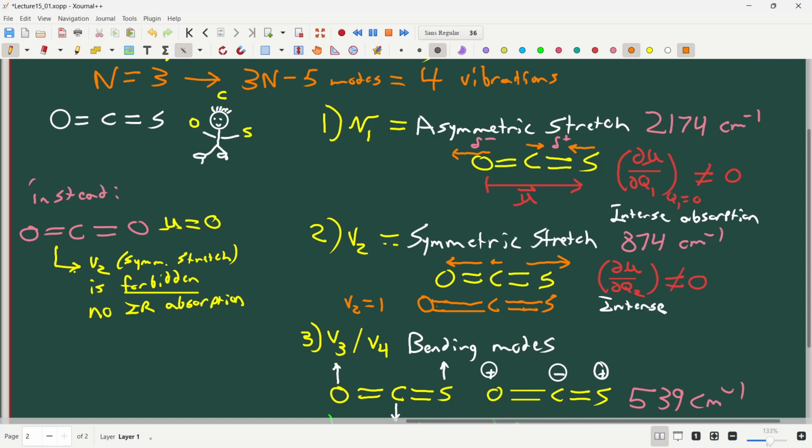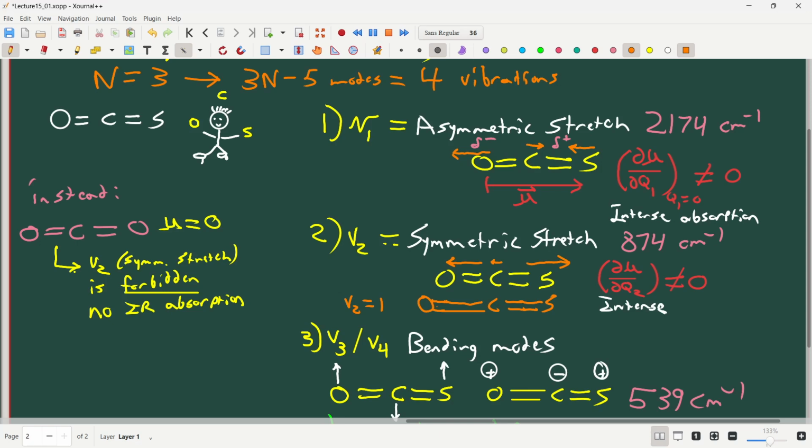So now the average distance between the S and the O has increased compared to the original. So now your CO part of the dipole is bigger than it used to be, and the sulfur hasn't changed that much. So the dipole increases here. Because this bond is getting longer and this one's not changing, the difference between these two is not 0. Does that make sense to you?